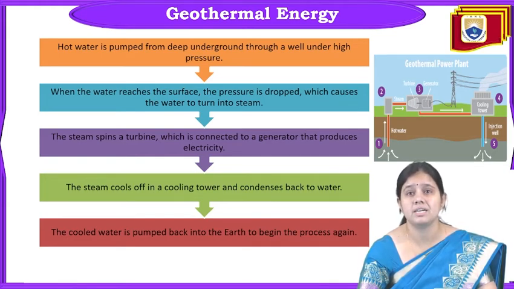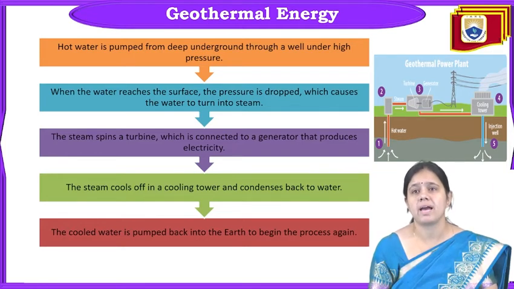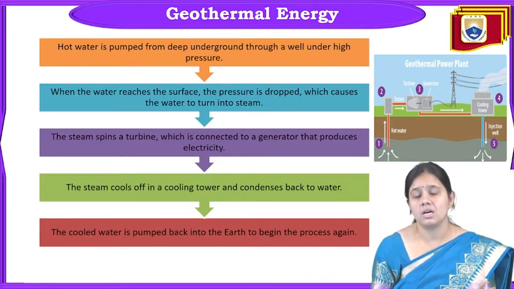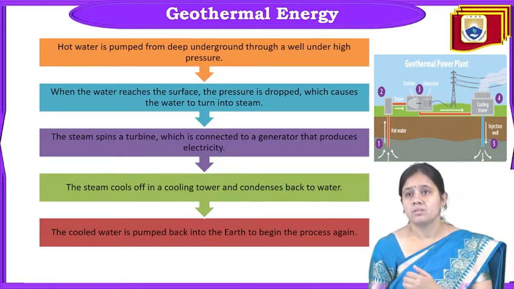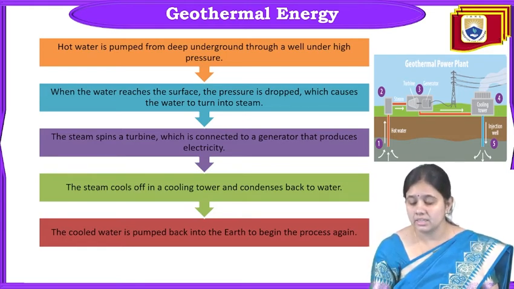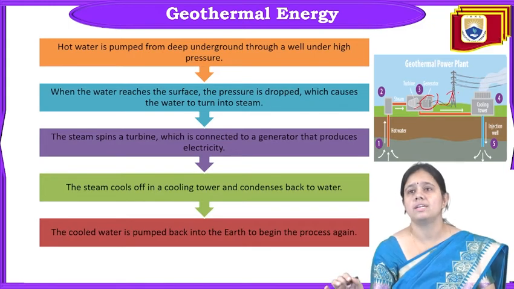The steam spins a turbine, which is connected to a generator that produces electricity, and the steam cools off in a cooling tower and condenses back to water. The cooled water is pumped into the earth to begin the process again. So we get hot water, and that drives the turbine and generator, and from that electricity we can use it for our daily purposes.